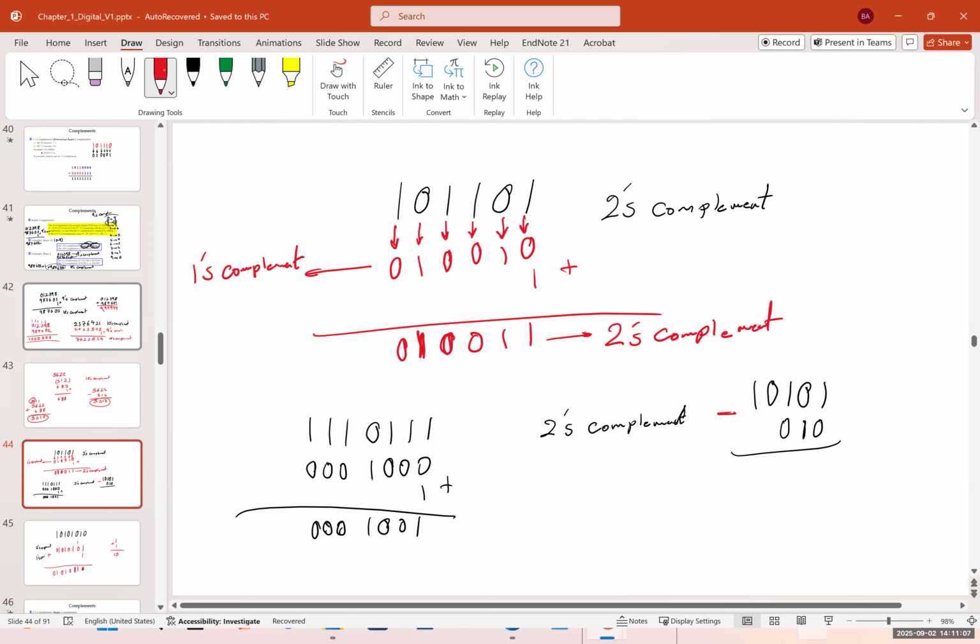Do the same exact thing. I would explain about it, how it works, but use normal subtraction, borrowing, and so on. Yes, that's correct.